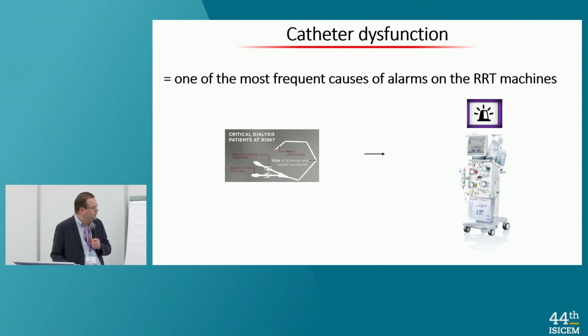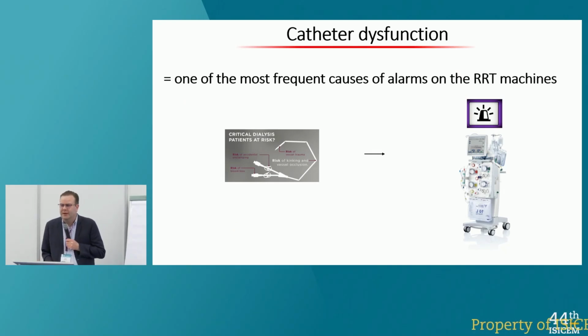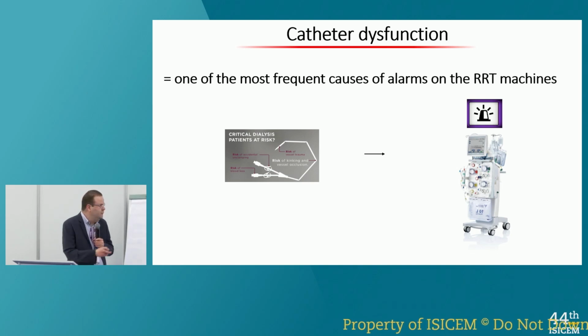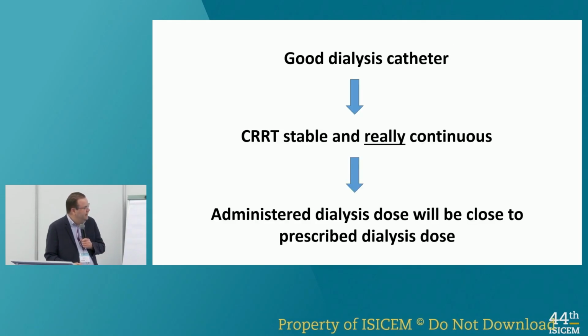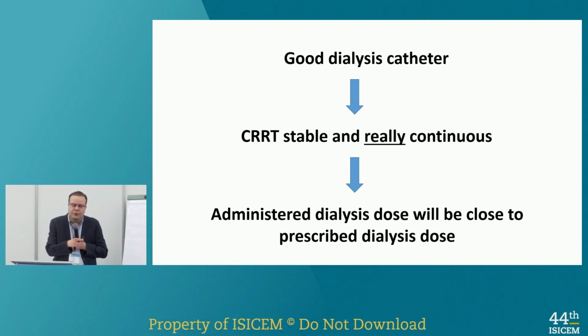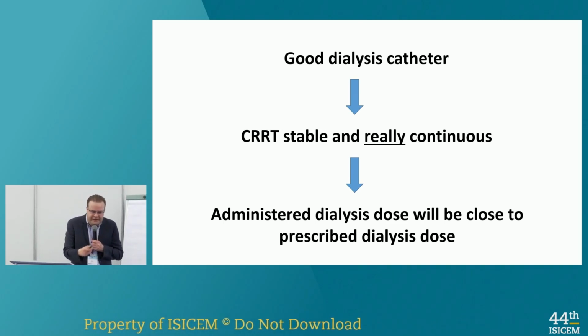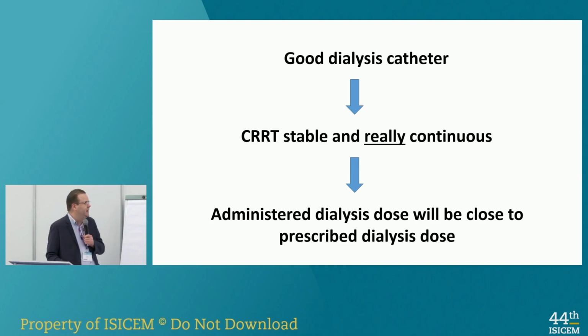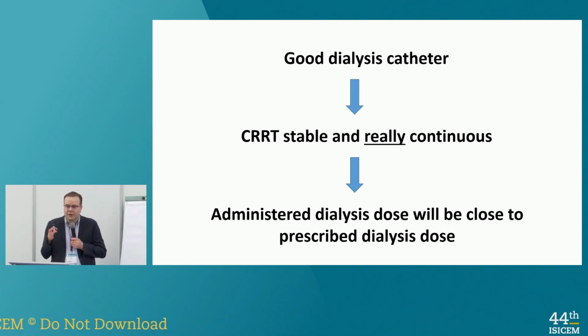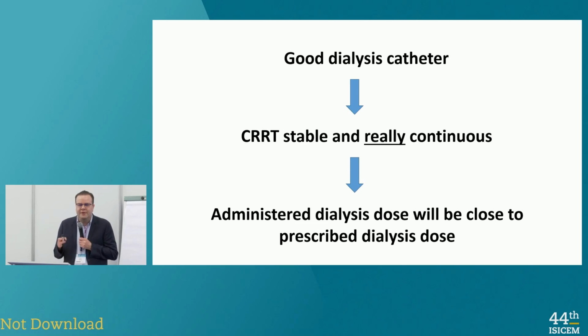So it's very important to manage dialysis catheters correctly in the ICU if you want to stop all these alarms. If you have a good dialysis catheter and good catheter management, then you're going to have a CRT session which will be very stable.